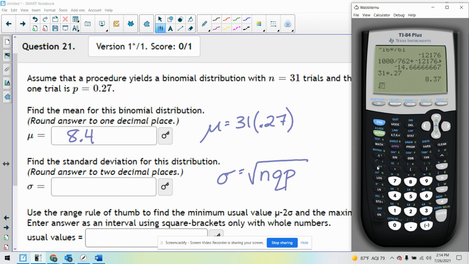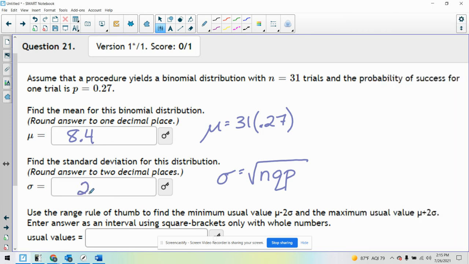N is 31 times p, 0.27, times q, which is just 1 minus p. So if p is 0.27, then q is going to be 0.73. And it wants it to 2 decimal places, so 2.47.